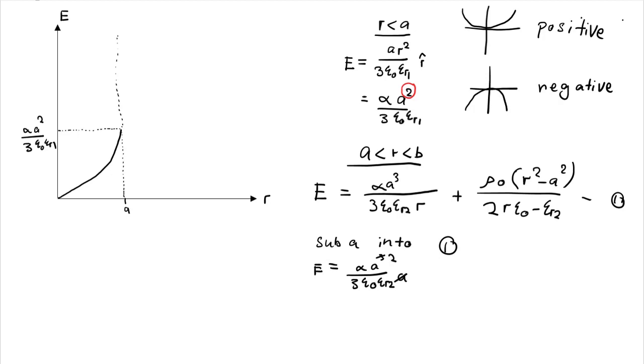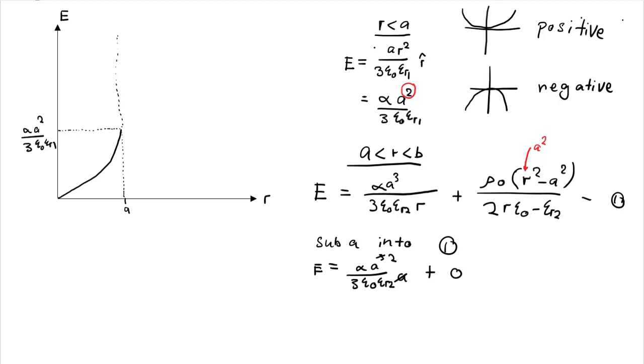The term at the back is just basically plus 0, because when you sub A into here, this becomes A square. So A square minus A square will be 0. So 0 over some number will be 0, and that's why it is 0 at the back.